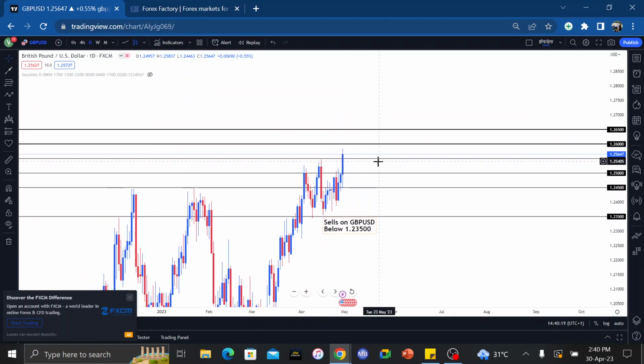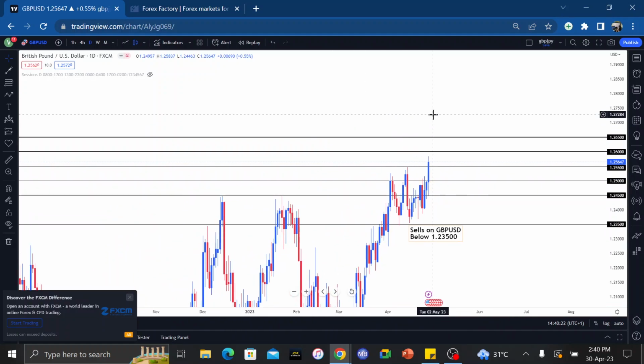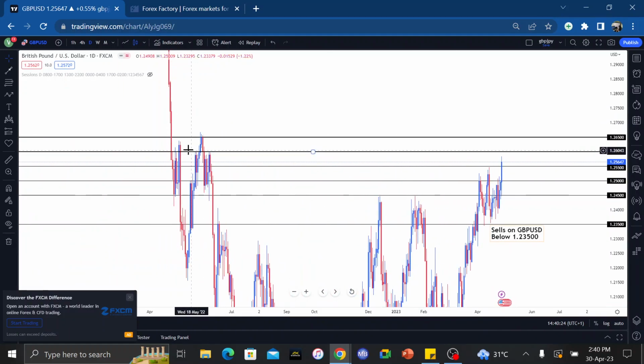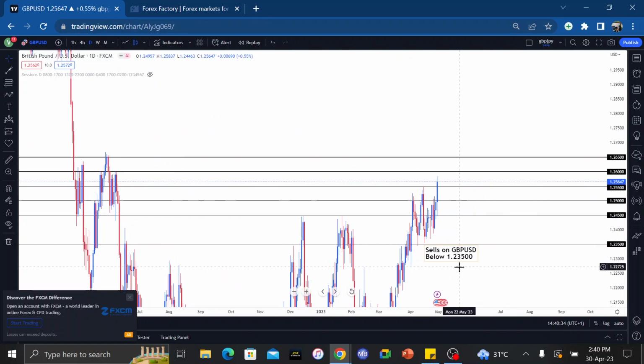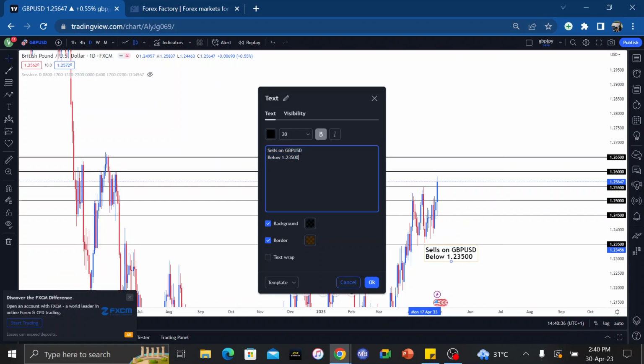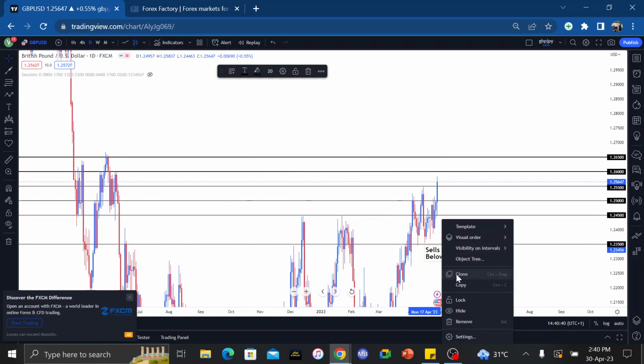Then more buys, like we are buying, but more buys. Why I said more buys is because of this level. If price should break and invalidate this daily level of structure, more buys should be above 1.26500. Oh, sorry, let me clone it.